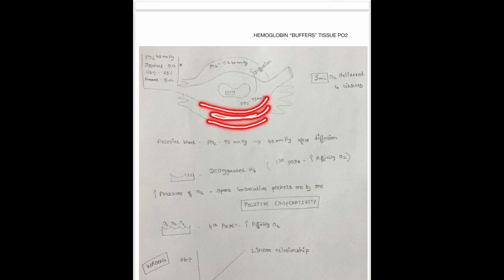So the partial pressure should be lower than the partial pressure of the oxygenated blood, because diffusion occurs from higher gradient to lower gradient. If the tissue needs oxygen, then the partial pressure of the interstitial fluid should be low, so that the oxygen gets delivered into the interstitial fluid, then from the interstitial fluid to the cells of the tissue.